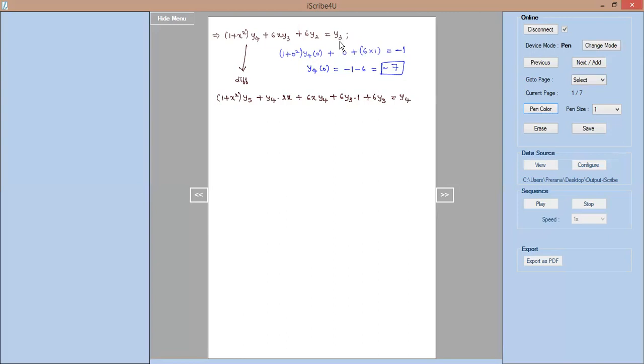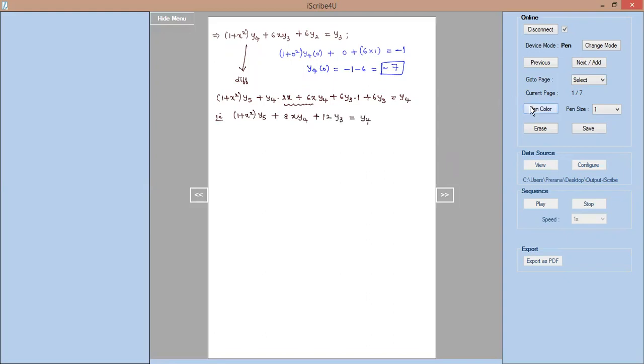On the right hand side, differentiation of y3 is y4. Now we will rewrite this expression by simplifying. So (1 plus x²) into y5 plus, we can add these two like terms: 2x y4 plus 6x y4 gives us 8x y4. Similarly, 6y3 plus 6y3 is 12 y3, is equal to y4.